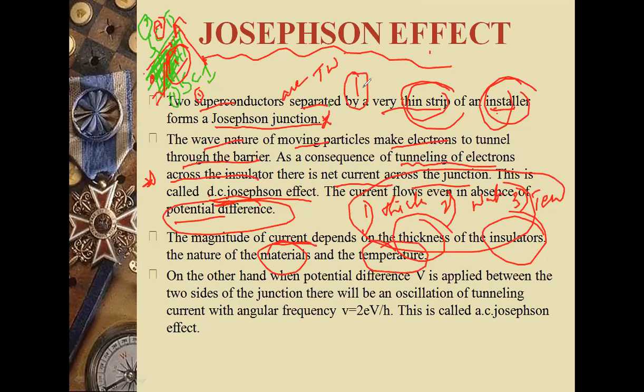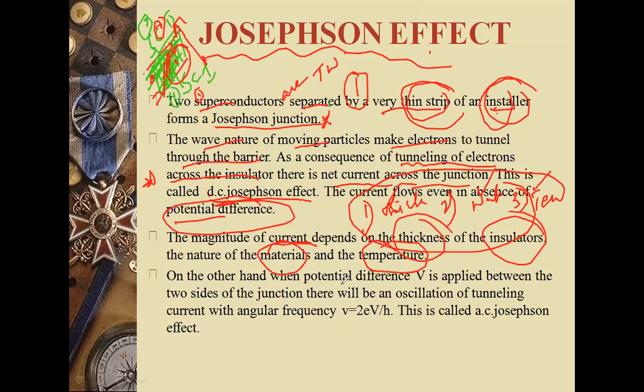What is the DC Josephson effect? When you place a thin layer of insulator between two superconductors, a junction is formed, which is the Josephson junction. When electrons tunnel from superconductor 1 to 2, there is a net current across the junction, which is the DC Josephson effect, depending on several factors: thickness, nature of material, temperature.